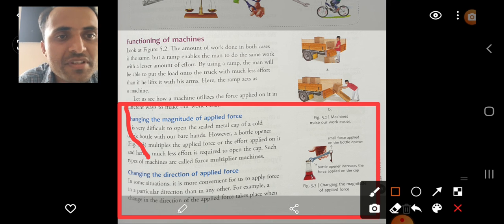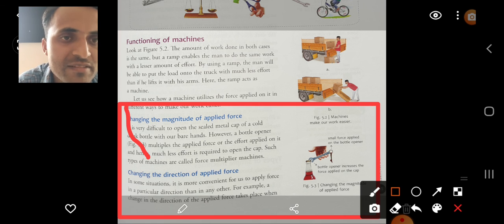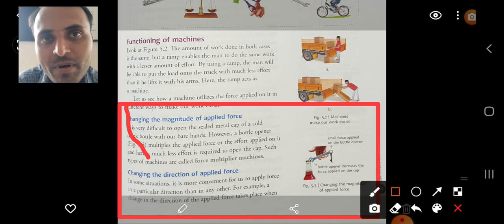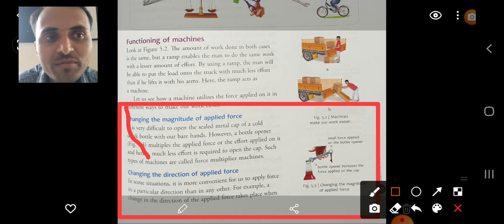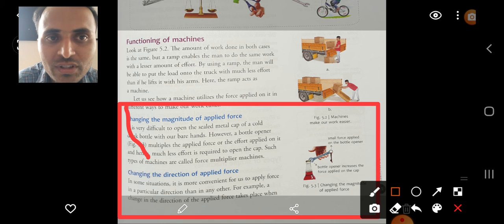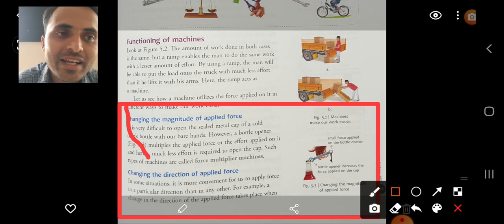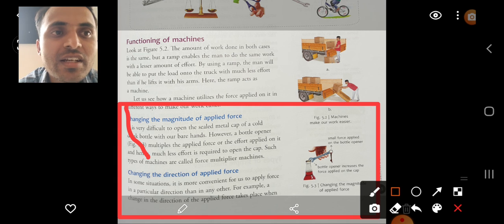Our muscular force or muscular energy has its magnitude increased by some amount, and that is utilized in the proper direction in order to open the lid of any bottle. So these are the two main functions done by every machine: first, changing the magnitude, and second, changing the direction of the applied force. You have to remember all these functions with the help of the diagrams.